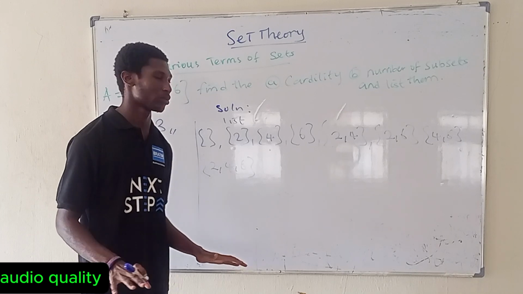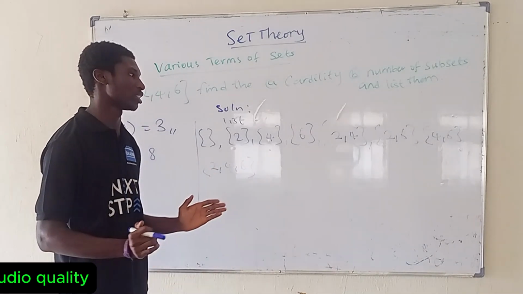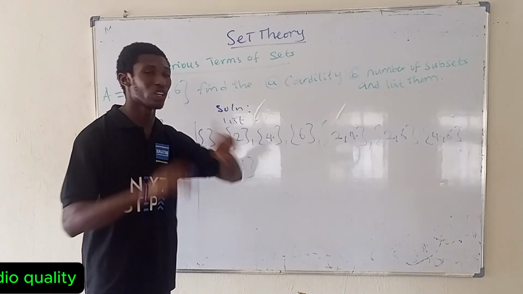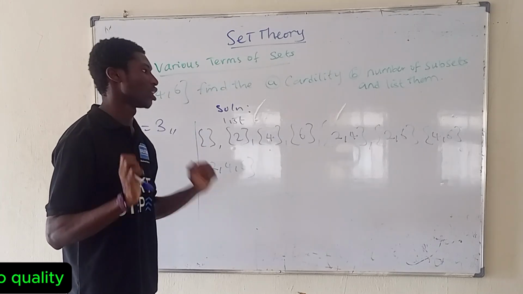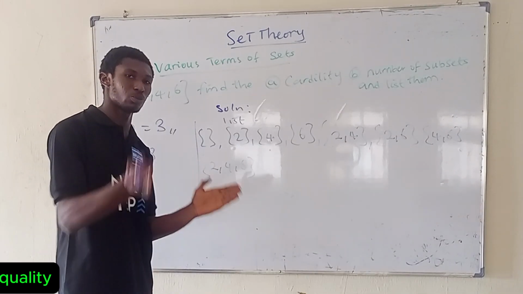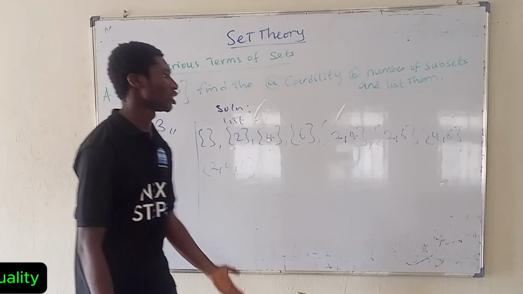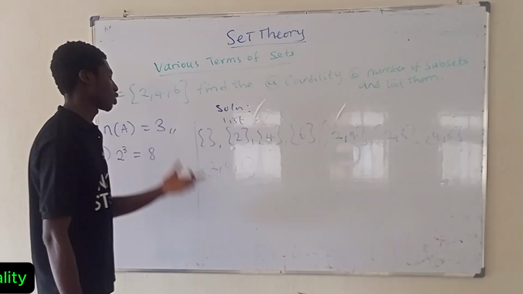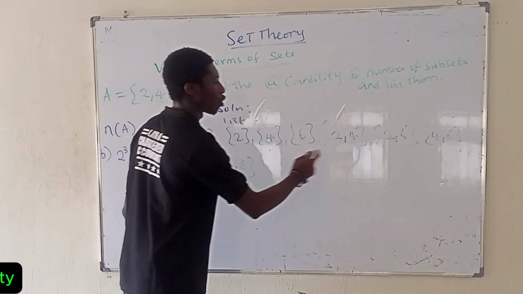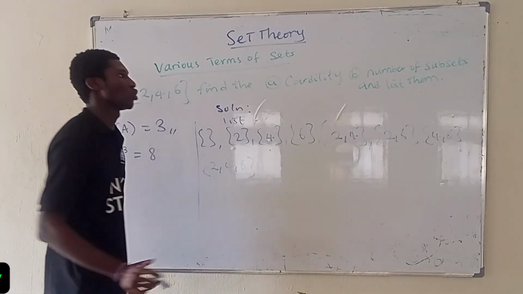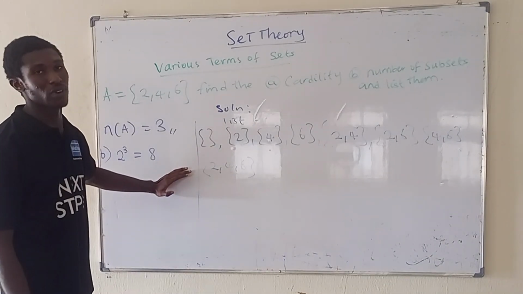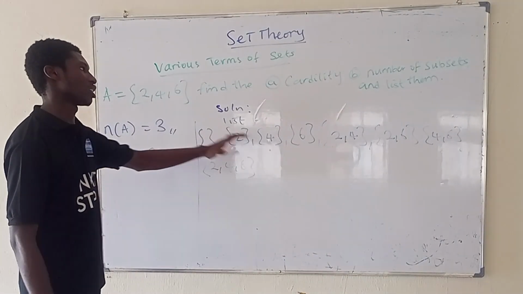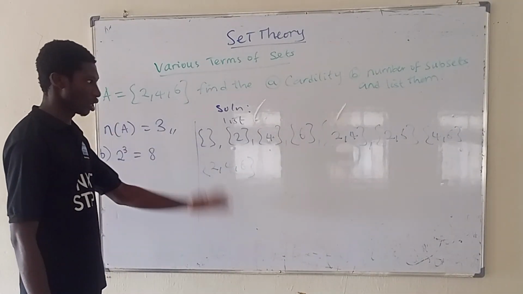They are the same thing, irrespective of the format you write. So as long as you have written 2 and 4 in the same set and you have enclosed them, you cannot reverse it. So after I've written that, we had the last one. And you can see 1, 2, 3, 4, 5, 6, 7, 8. So therefore, we have already satisfied this. So therefore, these are the subsets of the set A.